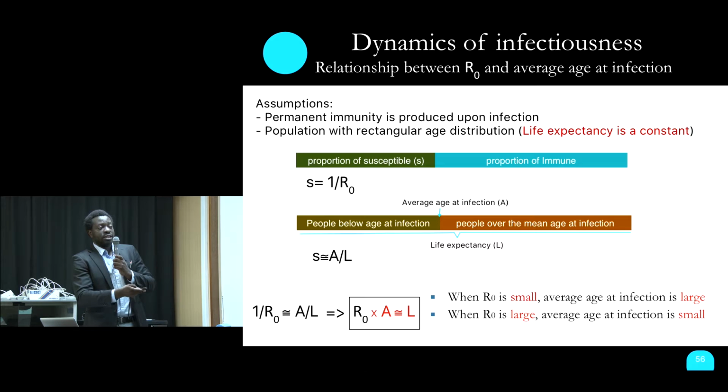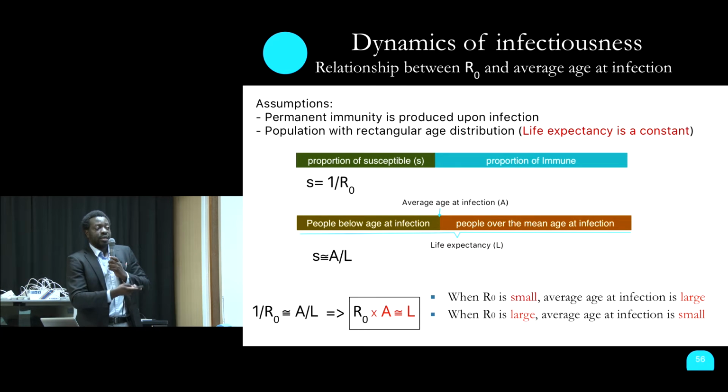This is the overall life expectancy, and people get infected at some point, and we have the average age at infection, represented by the capital A. The proportion of susceptible is simply A over life expectancy. There is some mathematical background below on how to arrive at this formula.